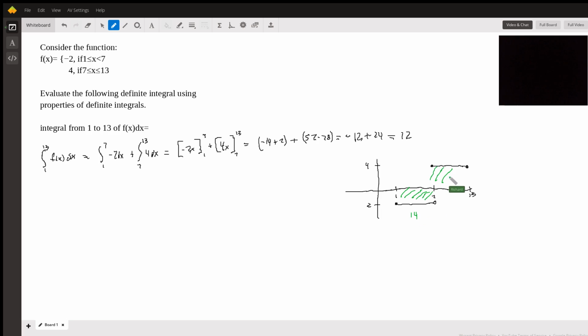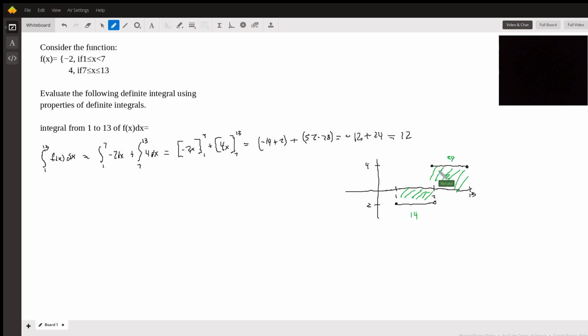rectangular area right here. So from 7 to 13, so that's 6, and then it's 4 high, so it has an area of 24. So let me put the 24 over here.